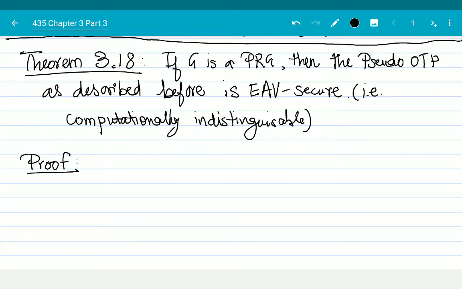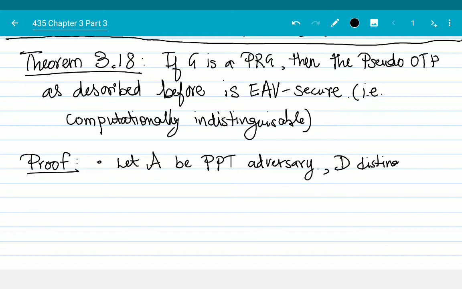Let A be a PPT adversary, and D be a distinguisher, which we will construct as follows.